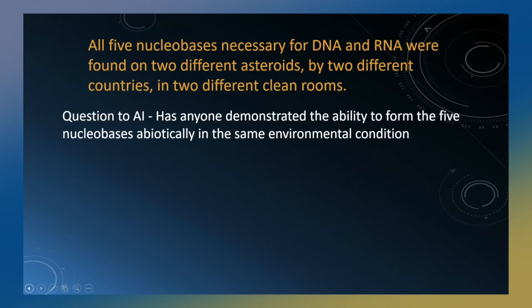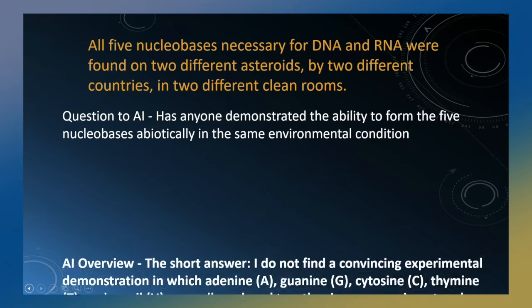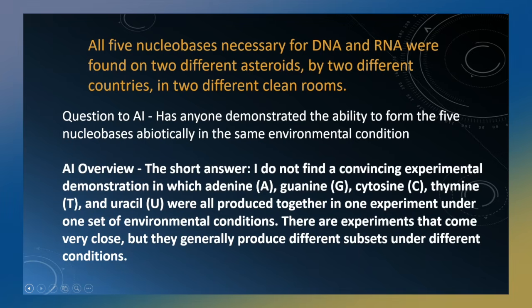And so, question to AI: has anyone demonstrated the ability to form the 5 nucleobases abiotically, meaning without it being from life, in the same environmental condition? Surprise answer, no. The short answer: I do not find any convincing experimental demonstration in which the nucleobases were all produced together in one experiment under one environmental condition.